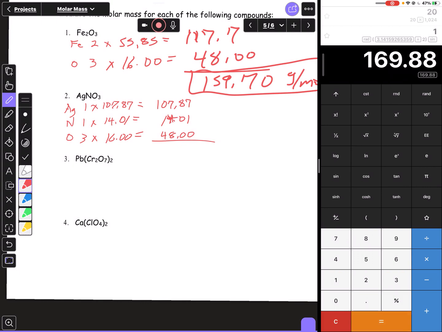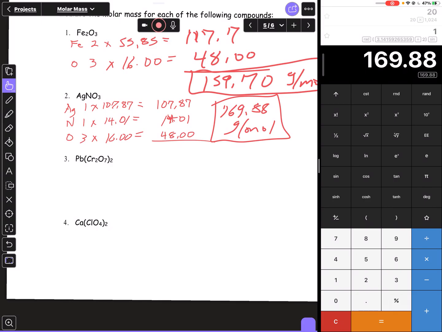And my answer will be 169.88, and that'd be grams per mole. So 1 mole of AgNO3 would weigh 169.88 grams.